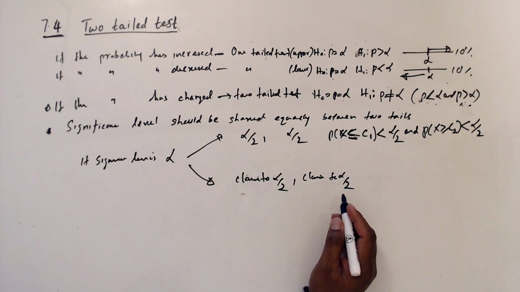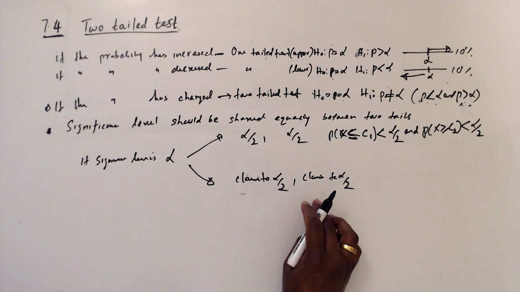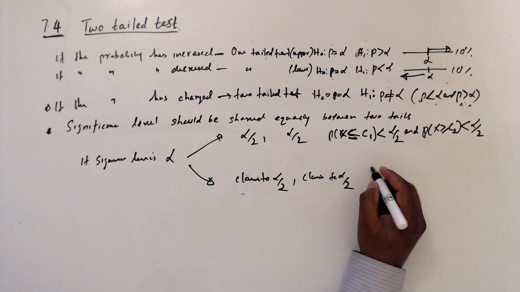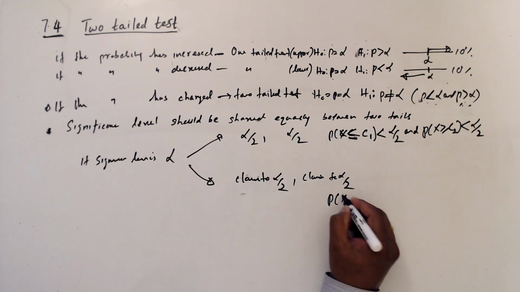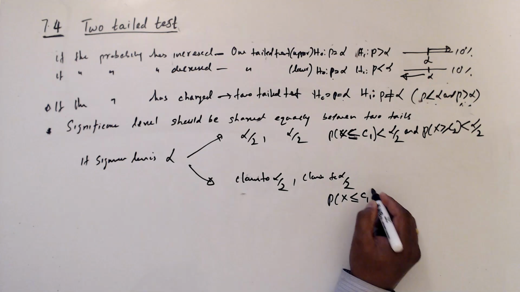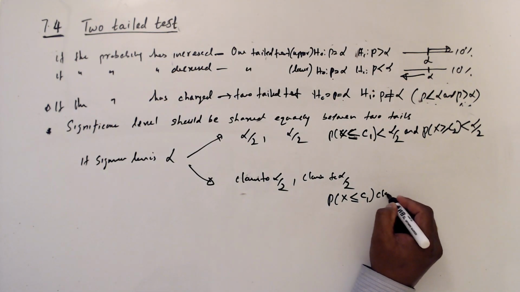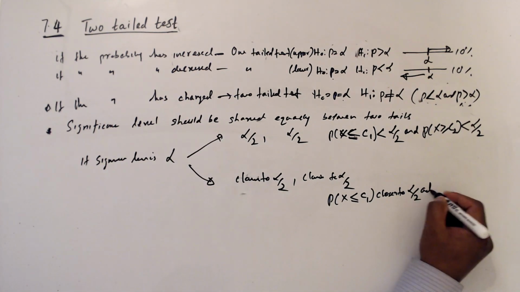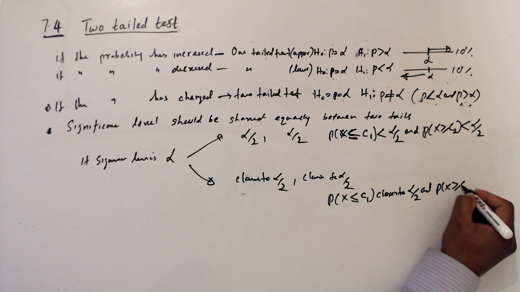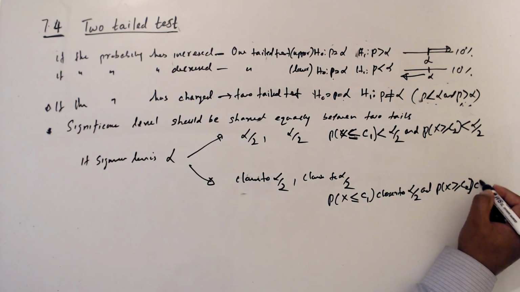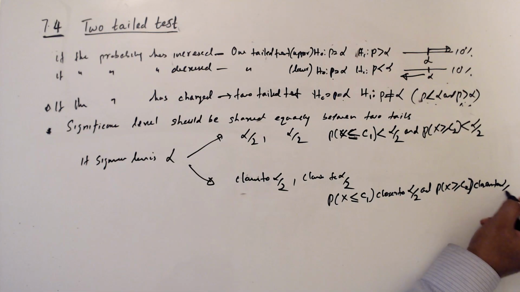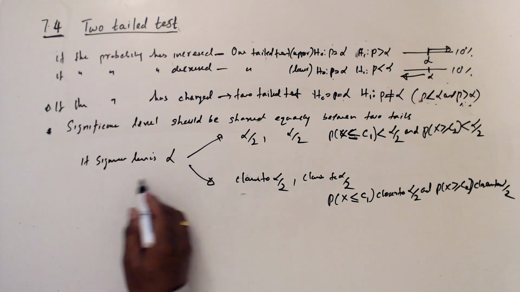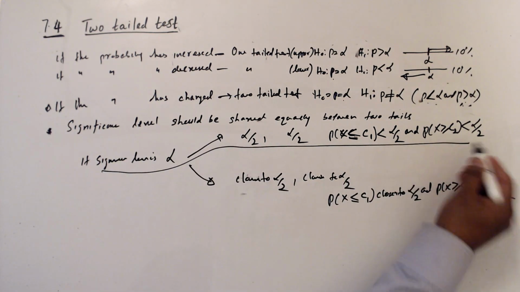That is fixed as less than. But if the question clearly mentions that it is closer to alpha by 2, then the probability of X less than or equal to C1 is closer to alpha by 2, and the probability of X greater than or equal to C2 is closer to alpha by 2. If it is given a significance level alpha, then this is the usual path you have to follow.